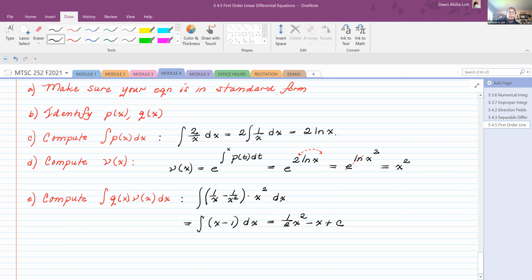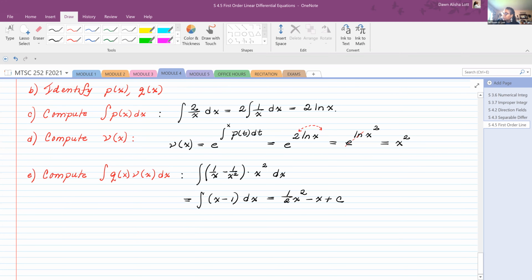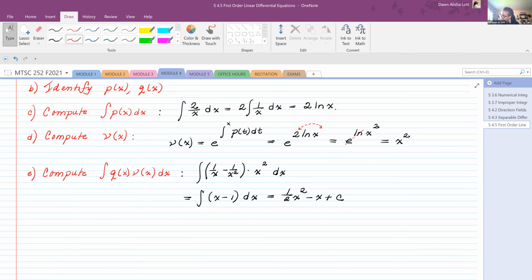All righty. Now my solution y of x is equal to the integral of q of x nu of x dx. You got to make sure you include that constant over nu. So I have an answer.